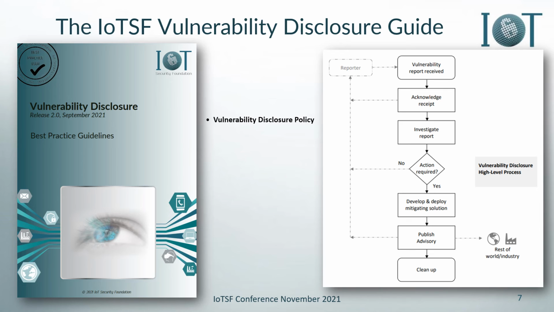The policy sets out at a high level how the vendor will manage vulnerability reports end to end. It summarises the processes, process owner roles, reporting structure, method for reporting vulnerabilities, how reporters are to be engaged, and the company's stance on bug bounties. This is all explained in our guide.